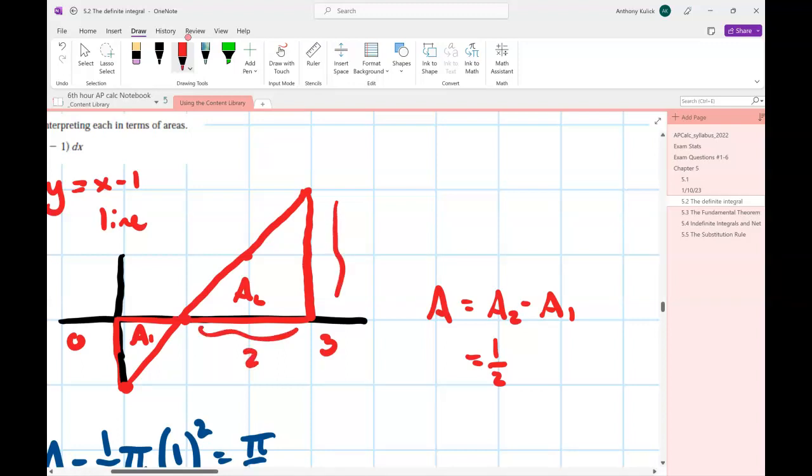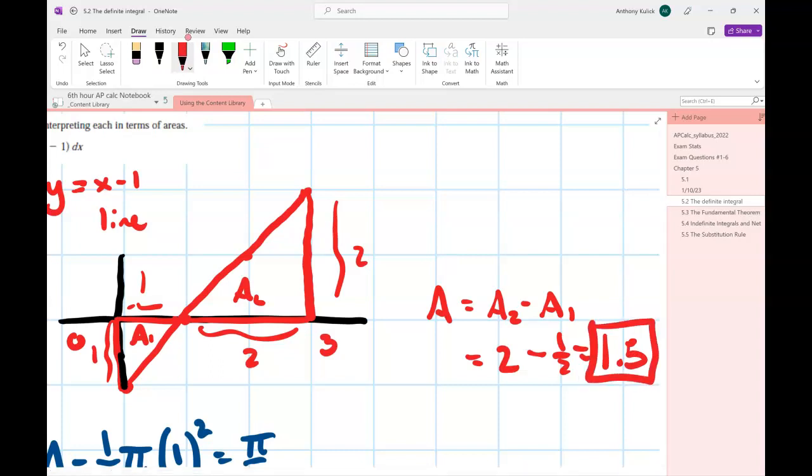And the height is? So 1/2 times 2 times 2 is just 2. And for triangle 1, the base is? And the height is? So this is 1/2 times 1. So my area is just 1.5. Integral done.